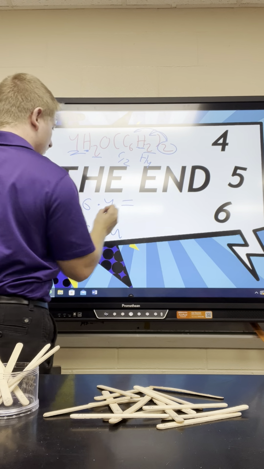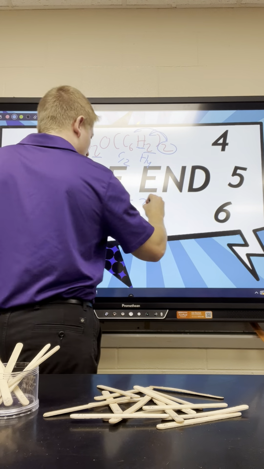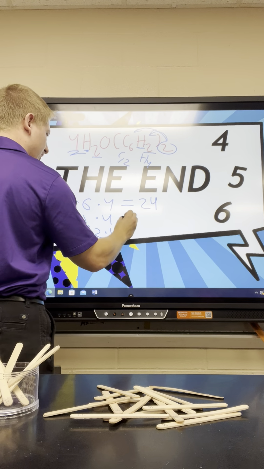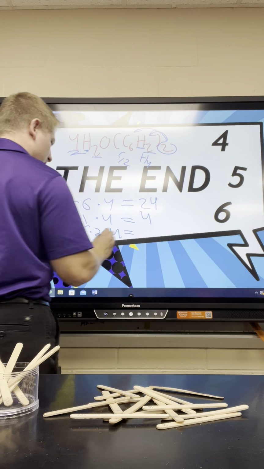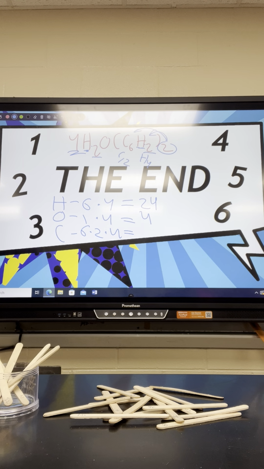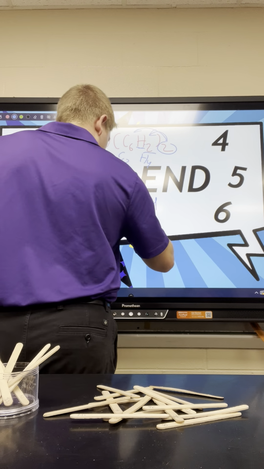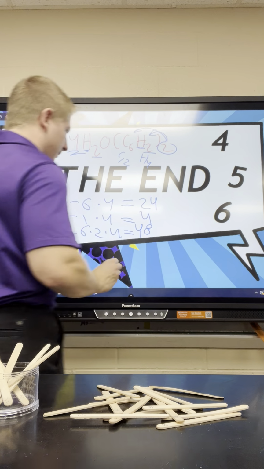So what's this gonna equal? What's this gonna equal? 4. All right, what's this gonna equal? 6 times 2 times 4. 48.